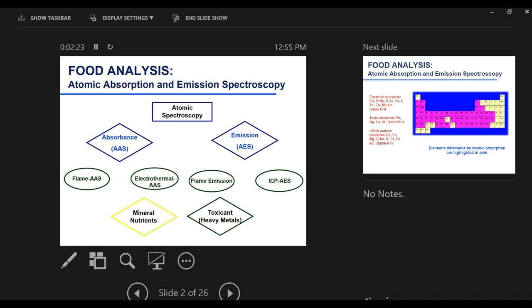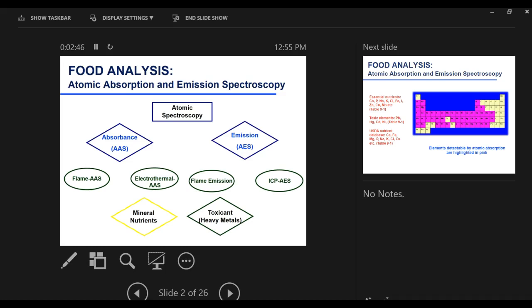So, under atomic absorption, we have the flame atomic absorption spectroscopy, which you've been doing in the lab, except for one more group on Wednesday. And the electrothermal atomic absorption spectroscopy is another form, another instrument to do atomic absorption, but we don't have that here. But I'll talk about it briefly today.